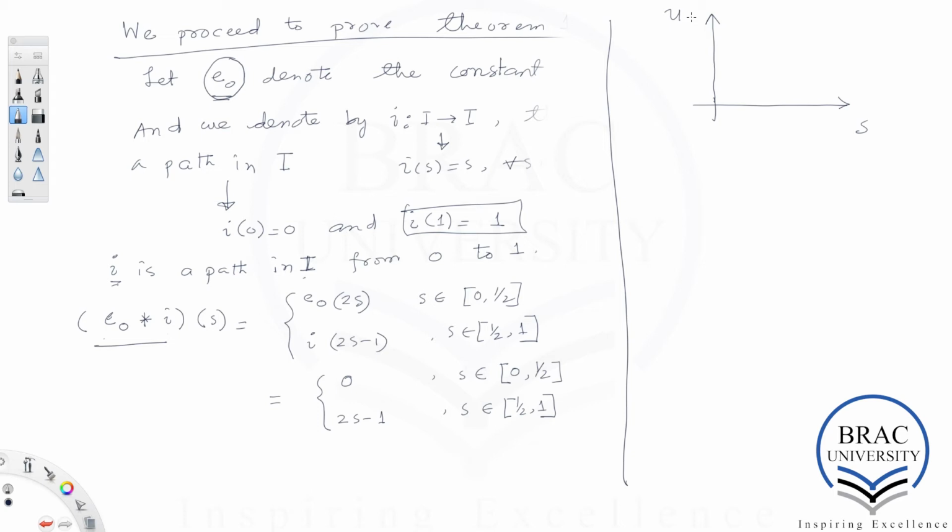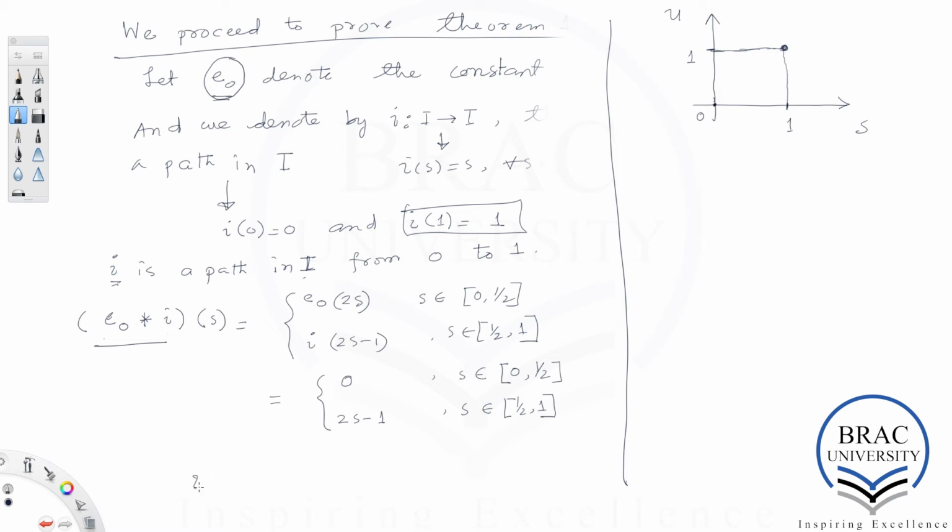So the square is drawn from 0 to 1 here, and along the U direction we have 0 to 1, and we construct this square. This is the final point, and this is the initial point.